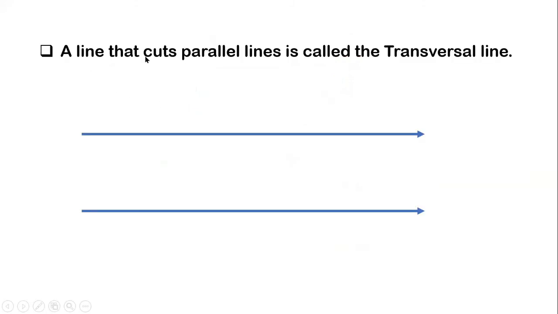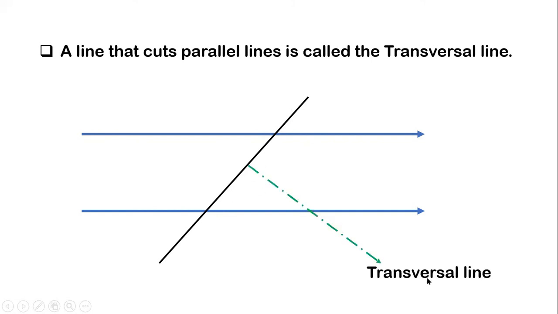Now, a line that cuts parallel lines is called a transversal line. Here we have got two parallel lines. The two lines, it means that they cannot meet. Now, if we get a line and it cuts through these two lines, we call it a transversal line.